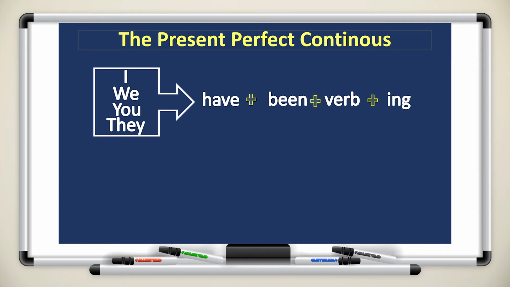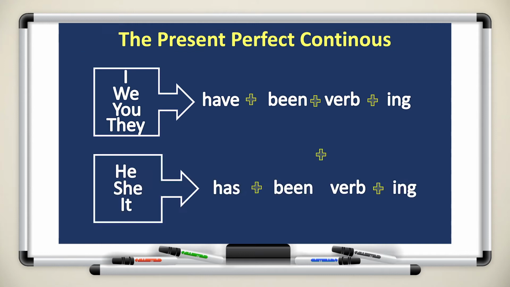If we're talking about the plural form, for example, they and we, or we're talking about I and you, we'll use it with have plus been plus the verb in the ing form. Excellent. However, if we're talking about Hassa, Ahmed, Khalid, Muhammad, anyone, or he, she, it, we use it with has plus been plus the verb in the ing form.